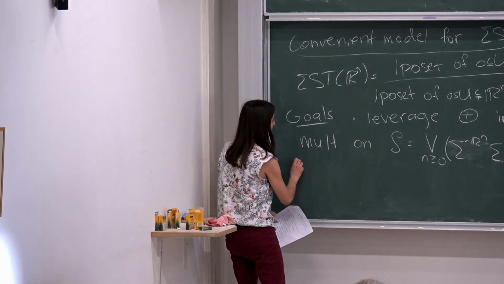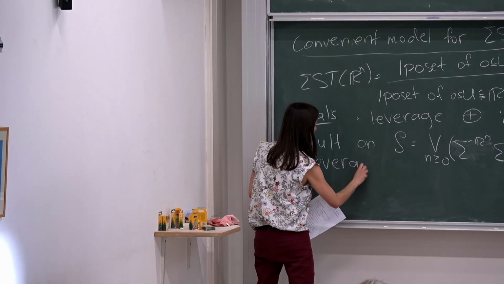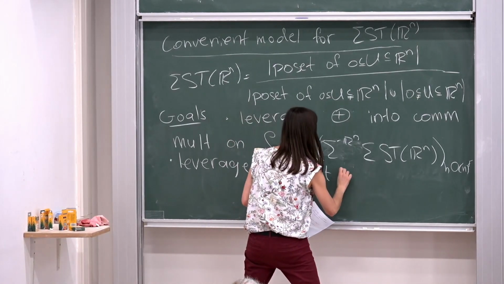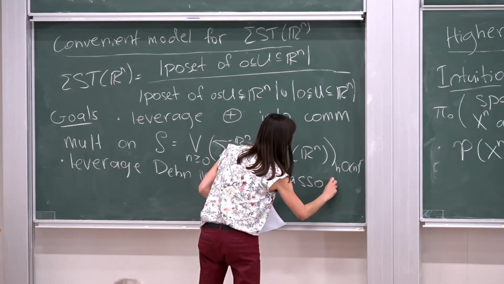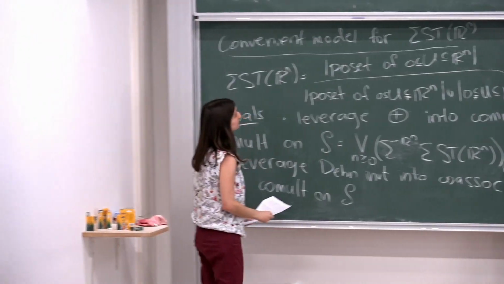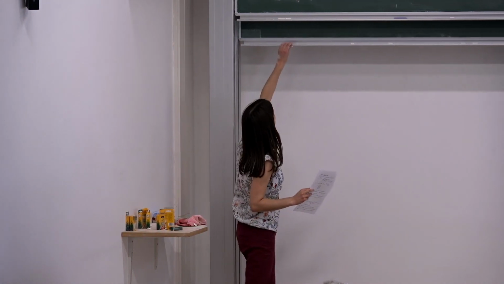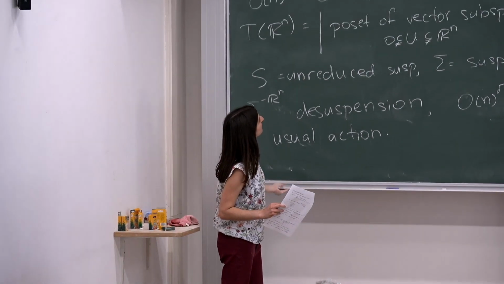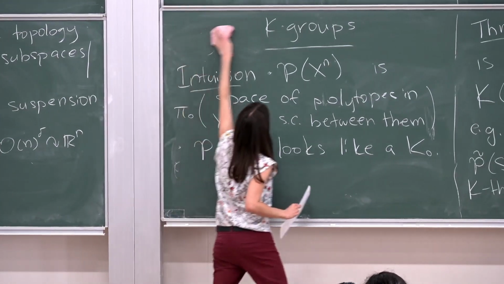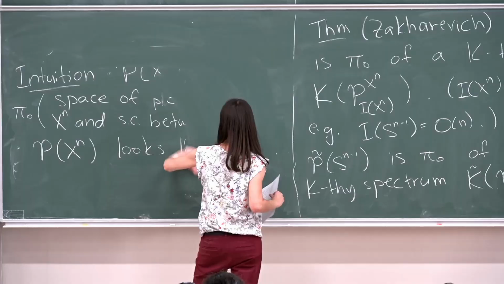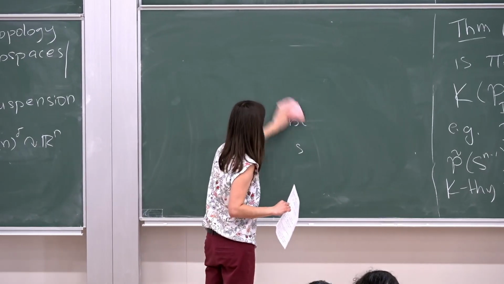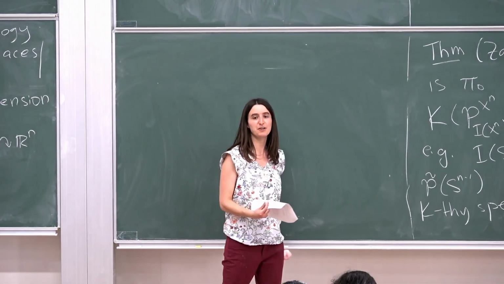And of course, also leverage the Dehn invariant into a co-associative co-multiplication on S. And there arise the challenges.